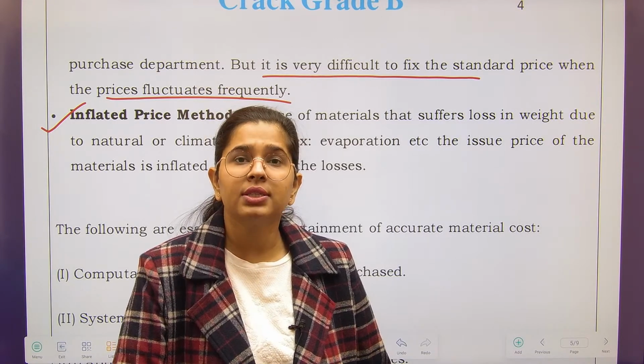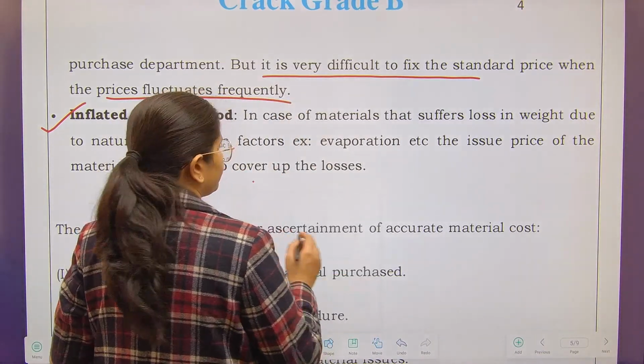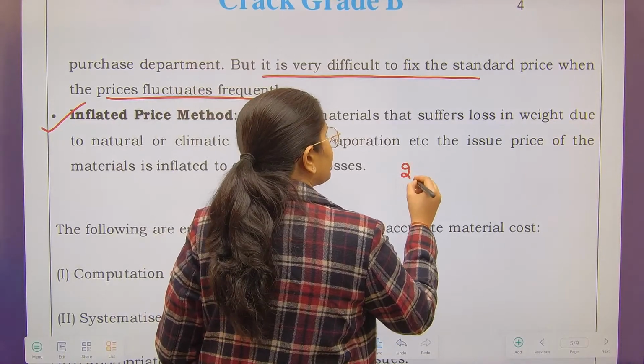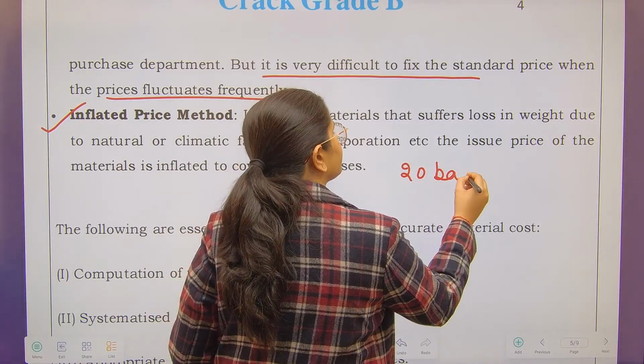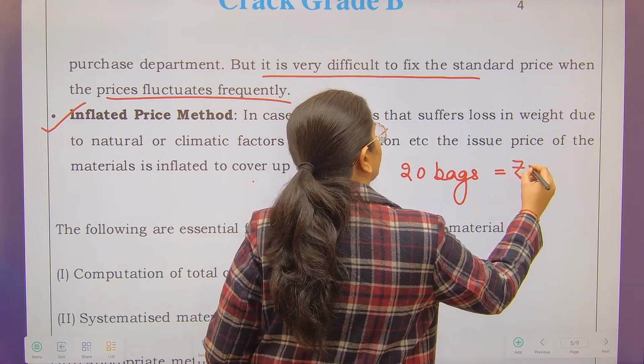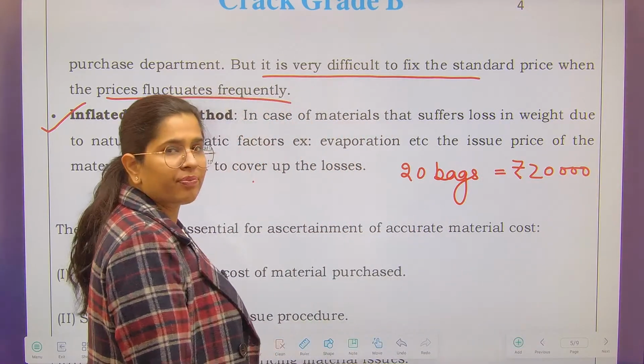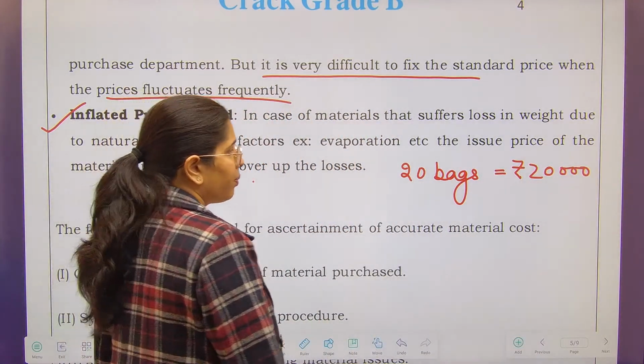So what you will do is, you purchased 20 bags at, let's say, 20,000, but 5 bags of maida got destroyed during the process.